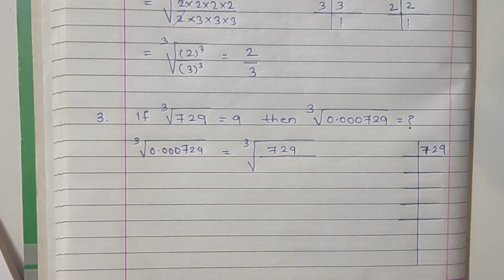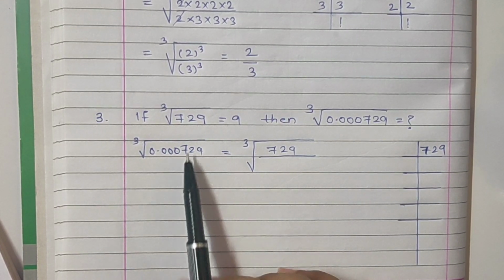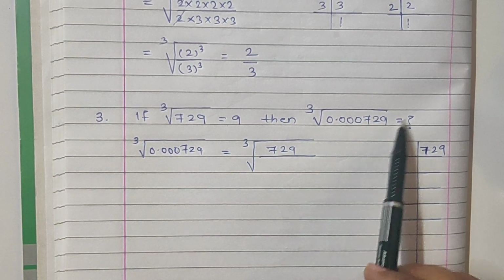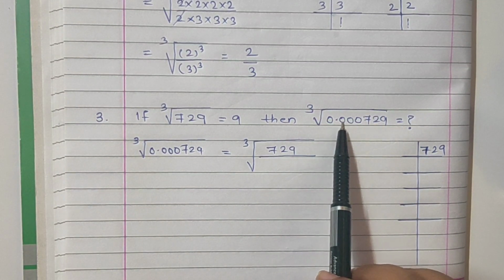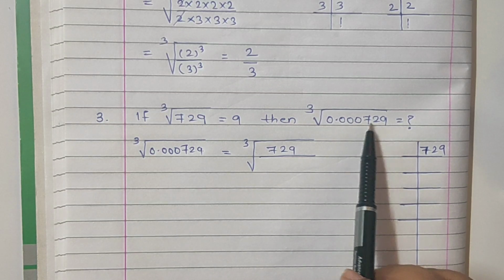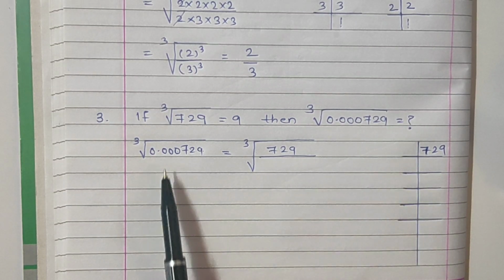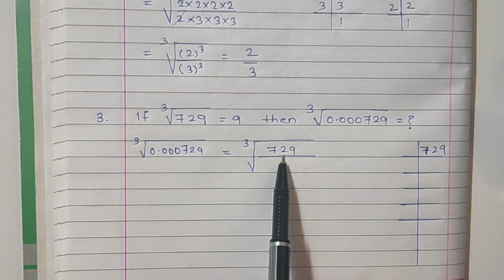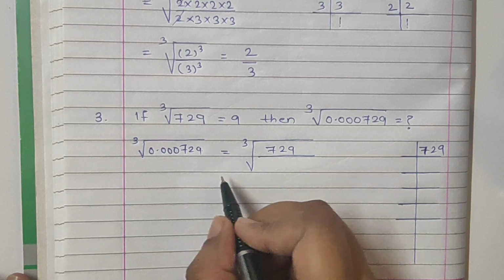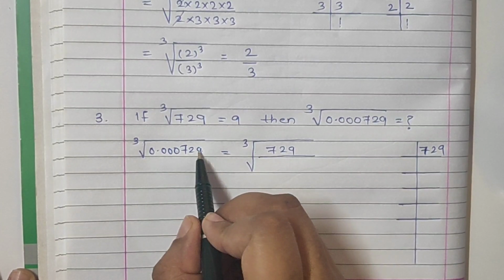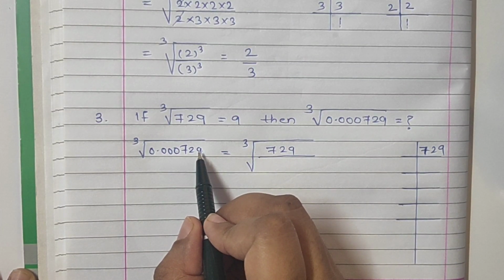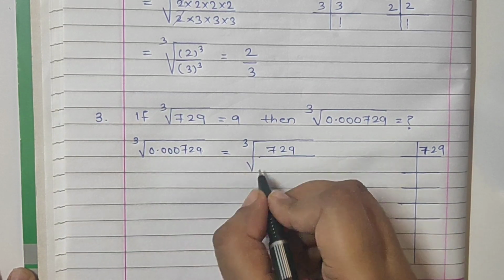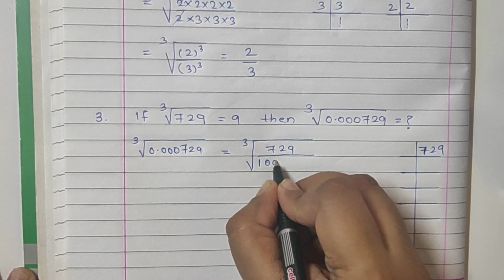Next question. Cube root of 729 is equal to 9. Then we have to find the cube root of 0.000729. First we will write here cube root of 729 upon, we will count these digits, after which how many decimal places the point is there. 1 2 3 4 5 6. So we will write 1 and 6 0s.